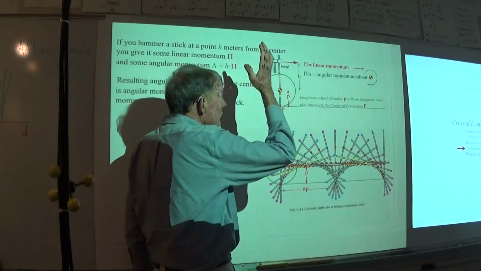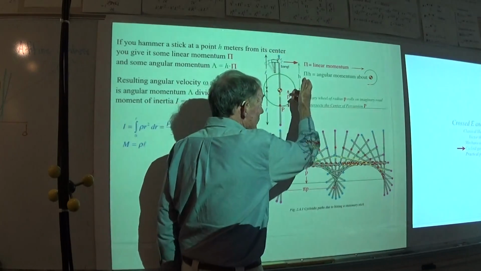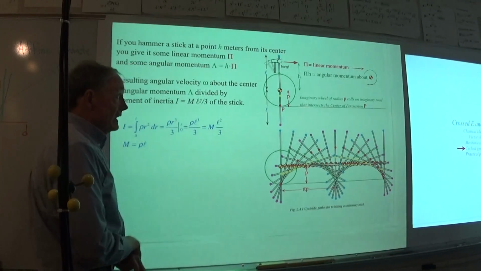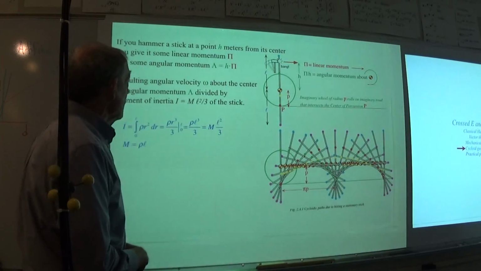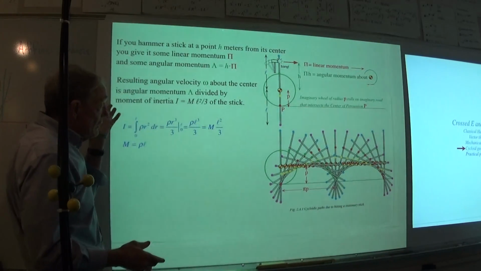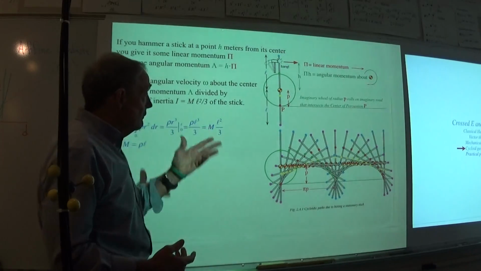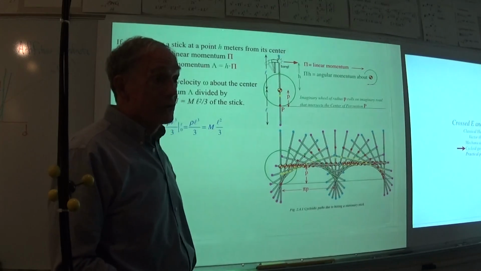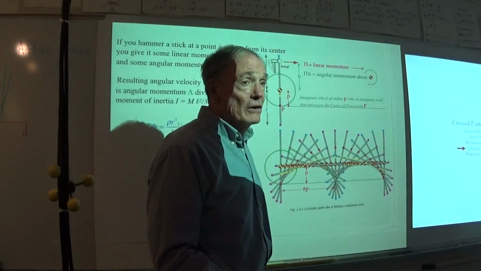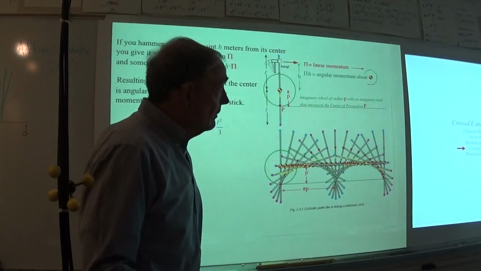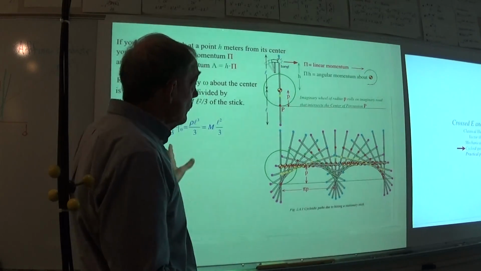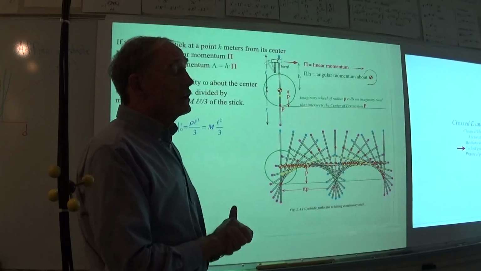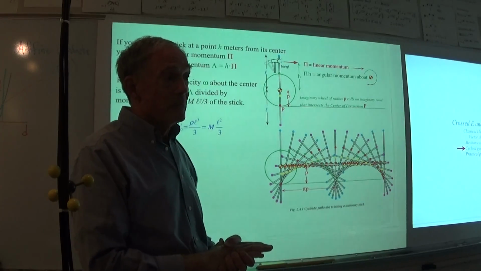You gave some momentum, and then at the same time, depending on the height above the center of gravity, you gave it some angular momentum. So the question is, how much angular velocity does the thing have, and how much linear velocity does it have? And that's all there is to this little piece of classical mechanics that comes out of sophomore physics. Okay? So I want to make sure we go through that, because I'm going to use the same construction to build the cyclotron orbits of a crossed electric and magnetic field.